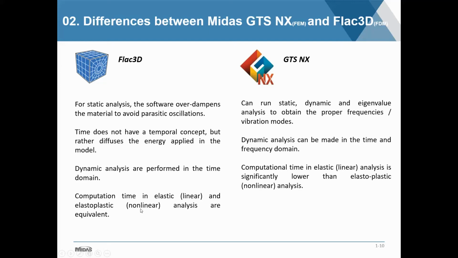Whereas with Midas GTS NX, the computation time for the linear analysis is much lower, much faster to run, than something that has to be run with nonlinear or elastoplastic behavior.